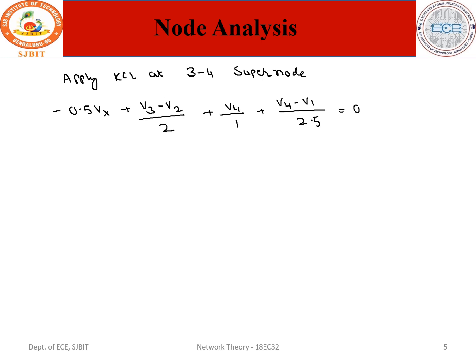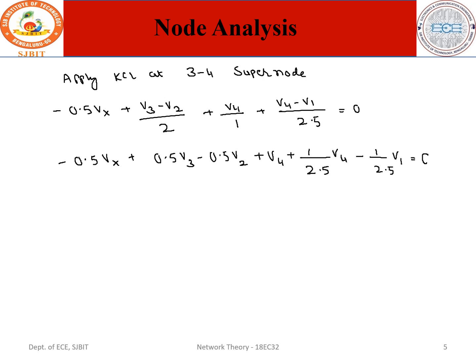Further, you simplify this: minus 0.5 Vx plus 0.5 V3 minus 0.5 V2 plus V4 plus 1 by 2.5 V4 minus 1 by 2.5 V1 is equal to 0. Now further you simplify this.